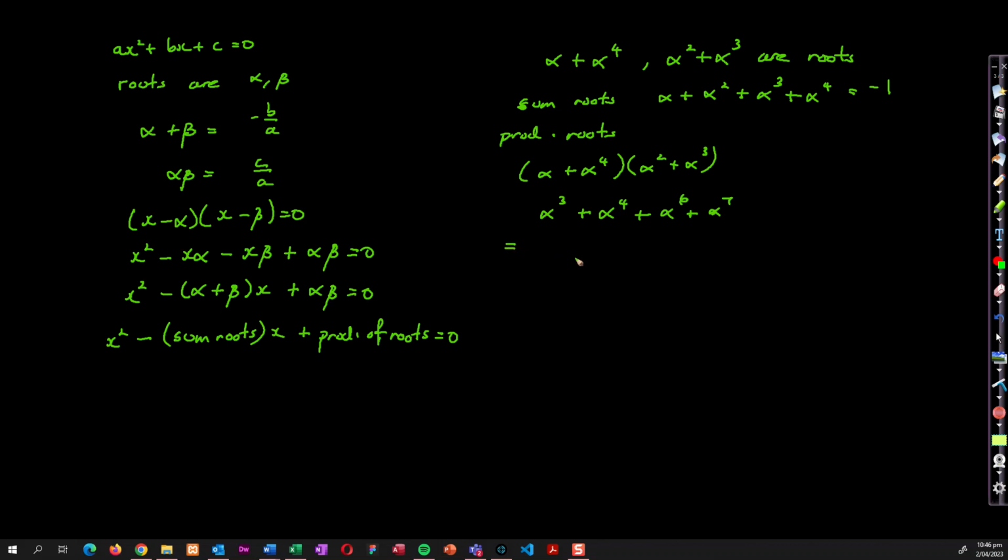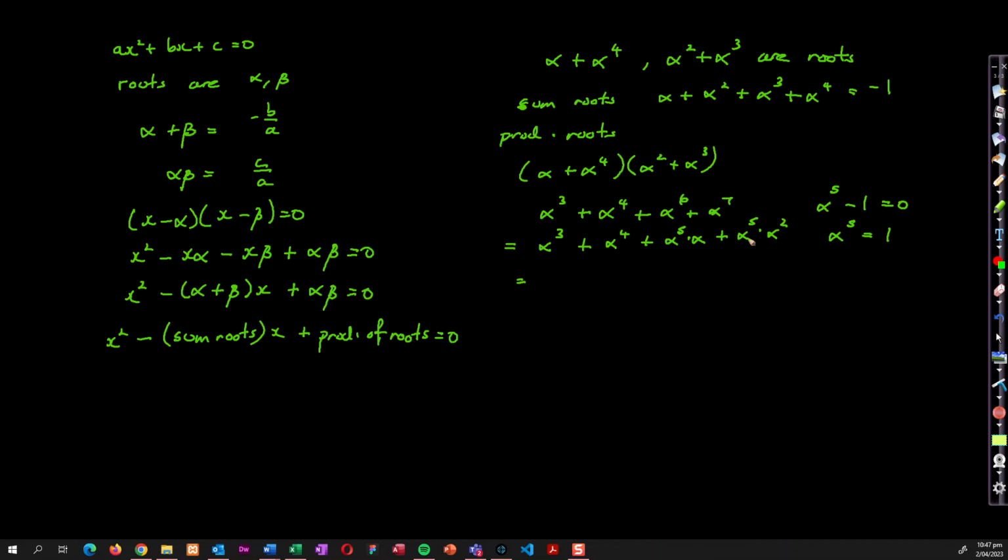Now, you may think, well, what are you meant to do with that? Well, remember that alpha is a solution to this equation. That means that alpha to the power of 5 is equal to 1. So we can rewrite alpha to the power of 6 as alpha to the power of 5 times alpha, and alpha to the power of 7 as alpha to the power of 5 times alpha squared.